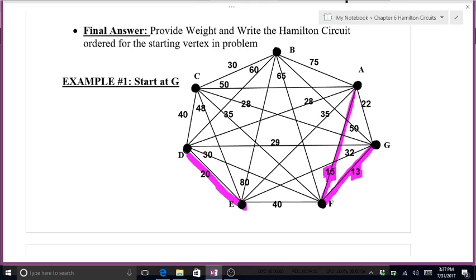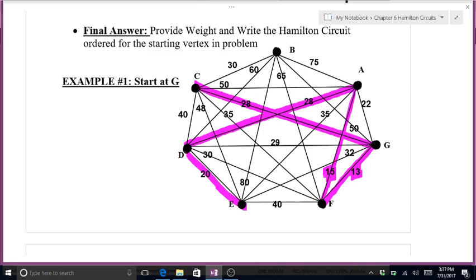You've got 2 choices. I've got this 28 here from D to A, and I've got this 28 here, C to G. It just so happens that I can choose both of them. So that's what we're going to do.